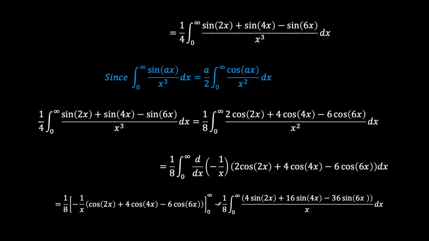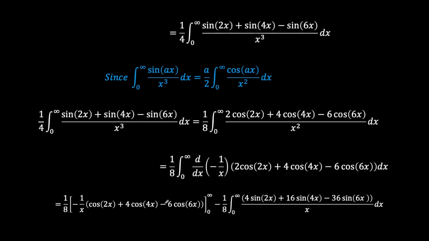So this has remained negative because the derivatives of cosines are all negative. So when we pull the negative out, the negative from this 1 over x and the negative from the derivative of the cosine terms means that that is a positive.